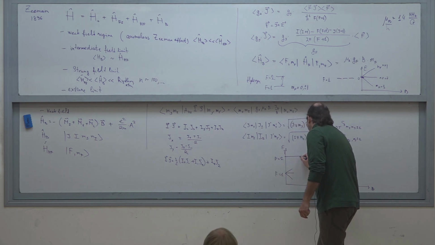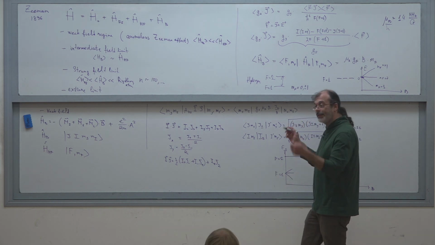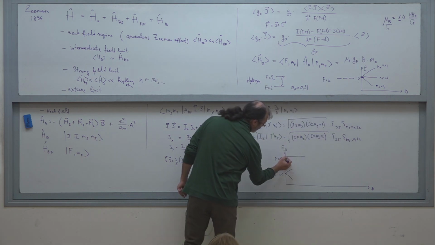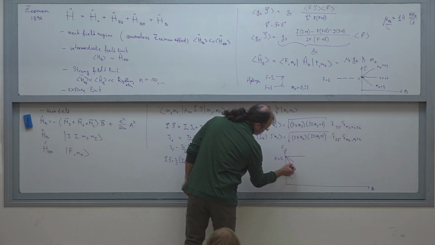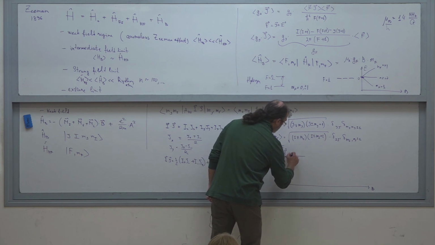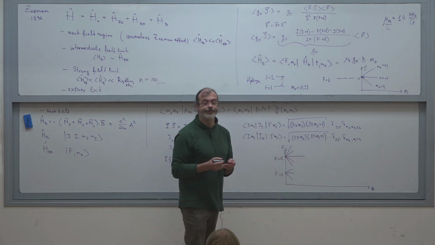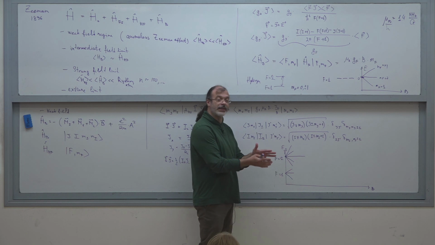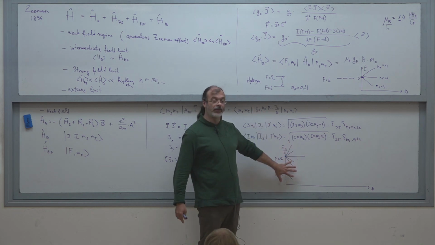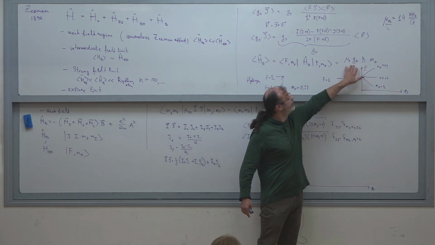MF equal to 0 will still be linear. These two levels will go down, and these two levels will go up, sorry. So we'll have 5 levels. The splitting, this is the linear part of the story. Exactly the same as we saw here.